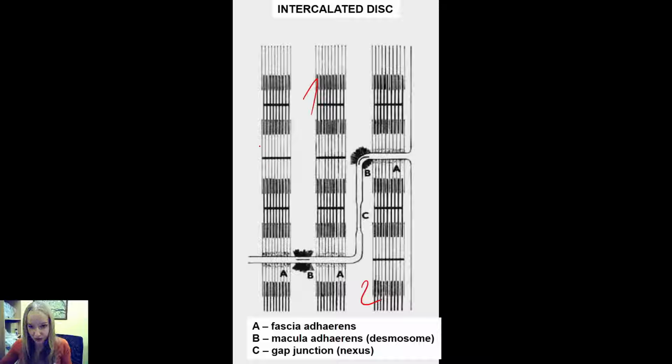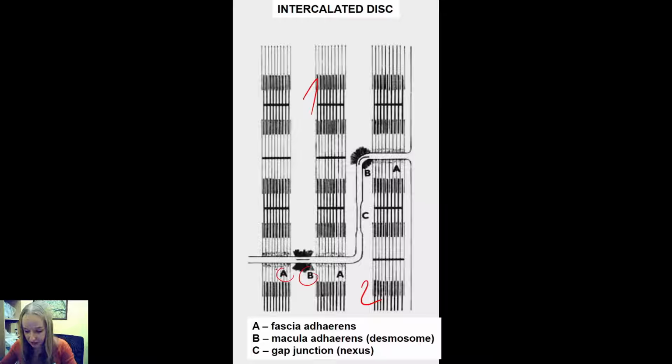That's really well described here, like what's really happening in these discs. You can see that we have some kind of cross section of a disc and some longitudinal section. So these are the cross sections of a disc, and this is a longitudinal section of a disc, which is going in parallel with myofibrils.